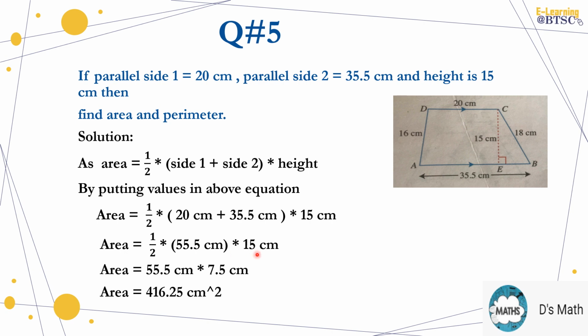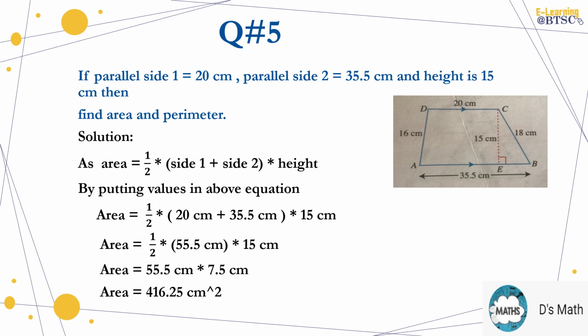My answer will be 7.5 centimeter, which will be multiplied with 55.5 centimeter. Now after multiplying 55.5 centimeter with 7.5 centimeter, my answer will be 416.25, and when I multiply centimeter with centimeter, I have the answer centimeter square.